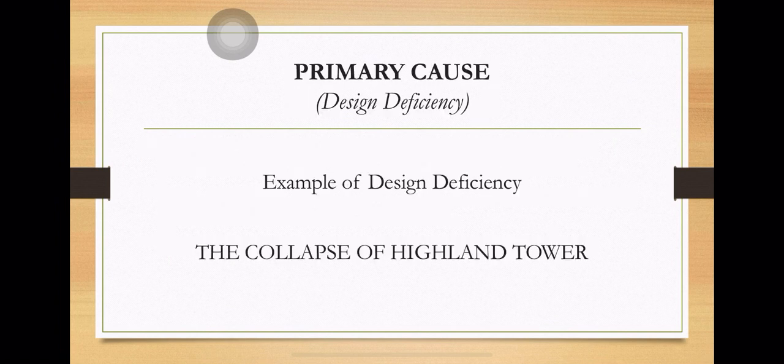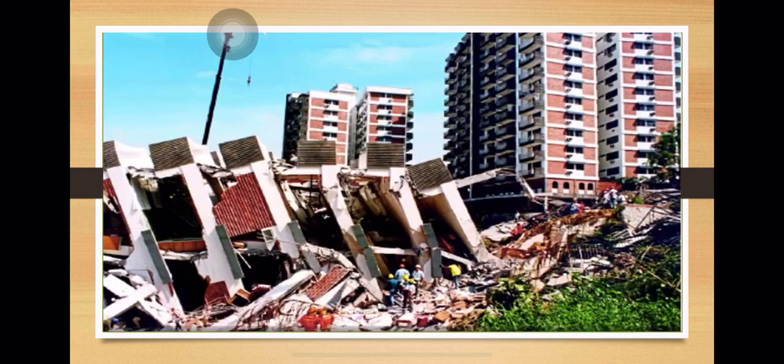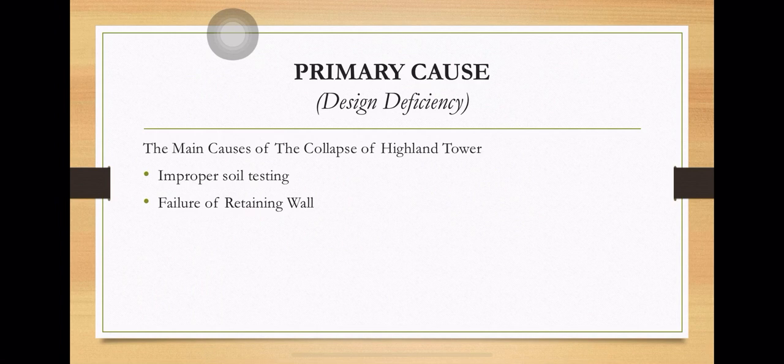So the example of design deficiency that I have given is the collapse of Highland Tower, and this is the picture. There are two main causes of the collapse of Highland Tower. First is improper soil testing, and the second is the failure of the retaining wall.